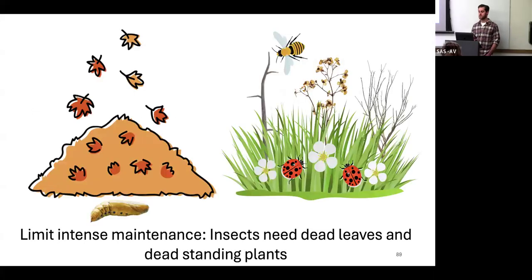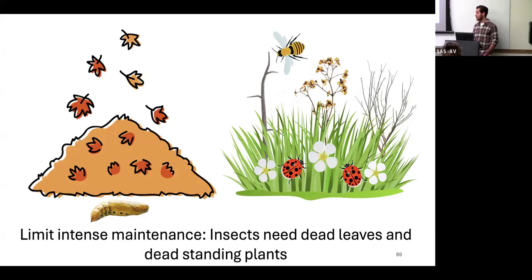This is because insects actually need dead plant matter for a lot of different reasons. When it comes to moths, many species overwinter under leaf litter. So even if you can just leave one pile of dead leaves in the fall, which right now would be a great time to do that, that can really help those insects survive through the winter.